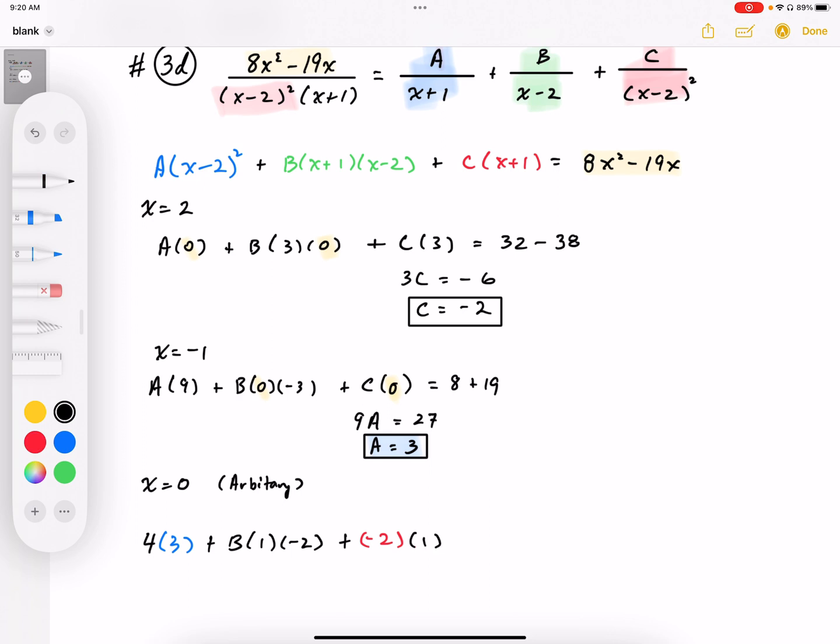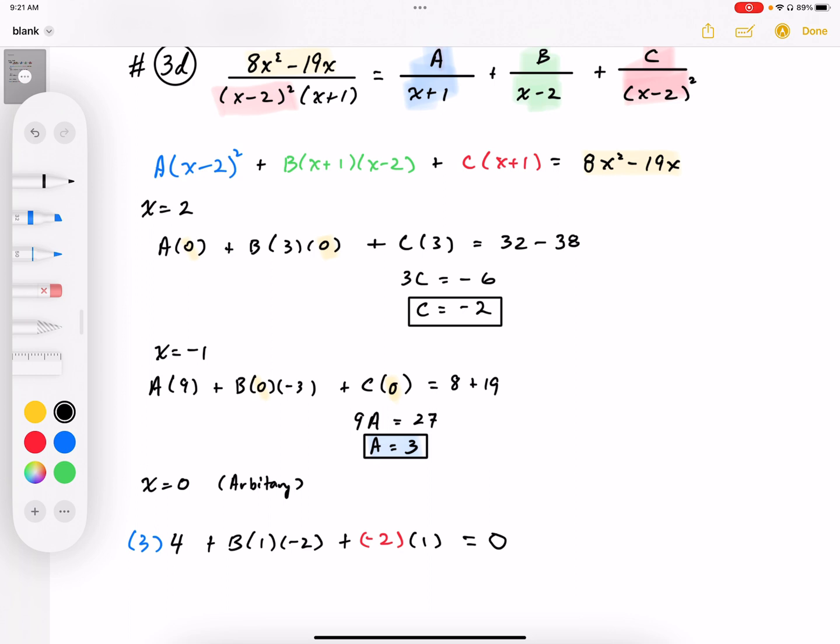Okay, so I'm just going to rearrange this. This was the coefficient part of that. That was the a value. This was when I plugged in 0 into the brackets. Okay, and then I still have to put 0 into the right-hand side of the equation. Well, the nice thing is this 8x squared minus 19x is just going to be equal to 0.